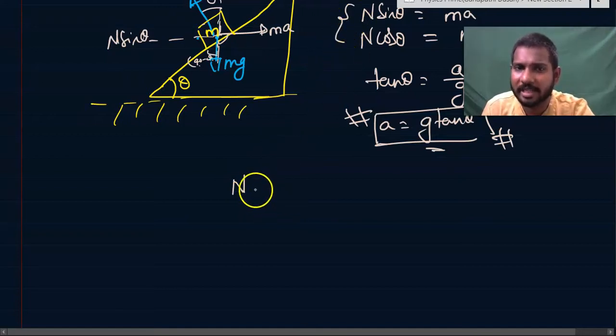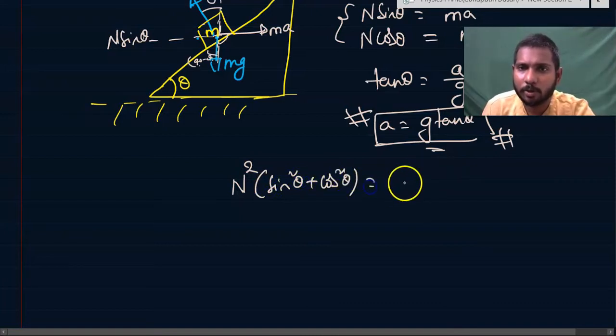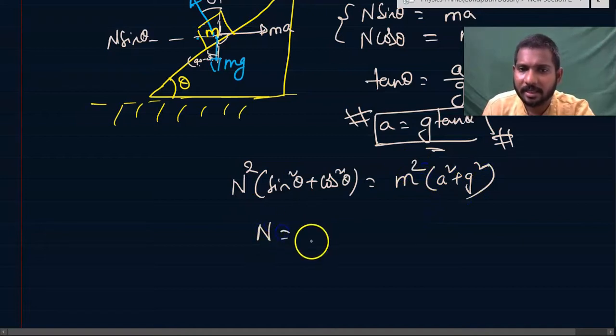Squaring and adding on both sides. N square into sin square theta plus cos square theta is equal to m square into a square plus g square. What is N here? Sin square theta plus cos square theta is 1. N is equal to m into root over a square plus g square.